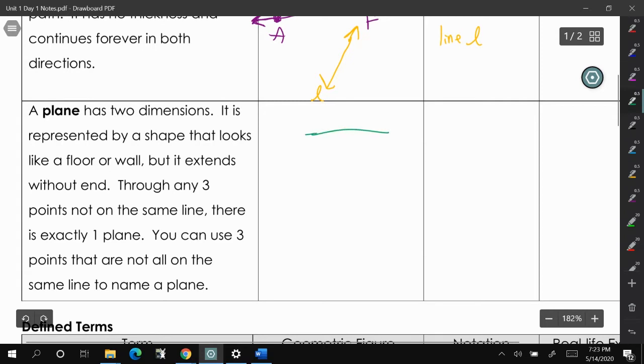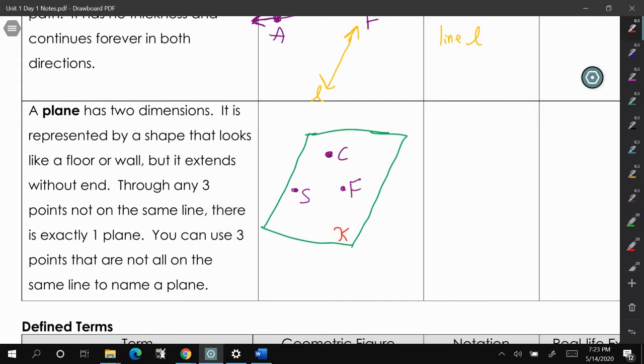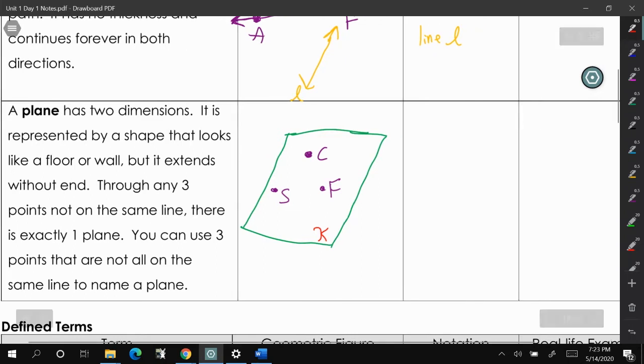So if we have a plane, any surface, we could label it by 3 points in the plane, or we could name it with a capital cursive letter or superscript letter, something that looks like that.